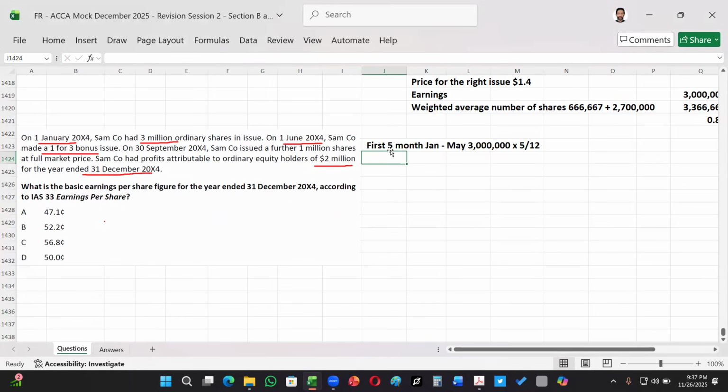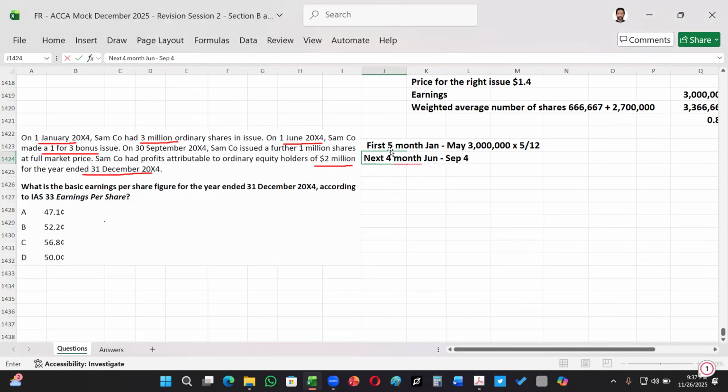We always do that. Then from June we had the next 4 months, starting from June to September, where we had the bonus issue as well. If it is 1 for 3, that would make a total of 4 million shares.